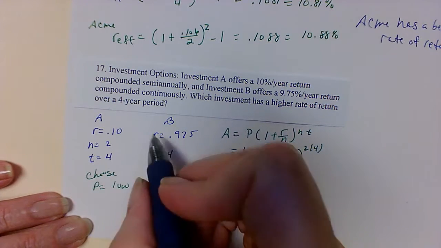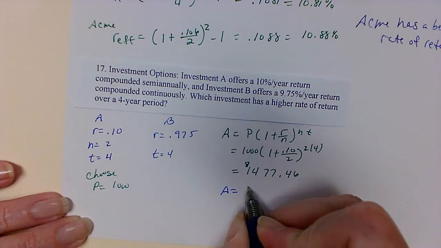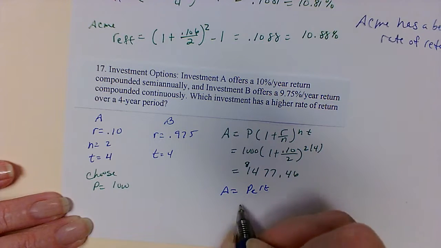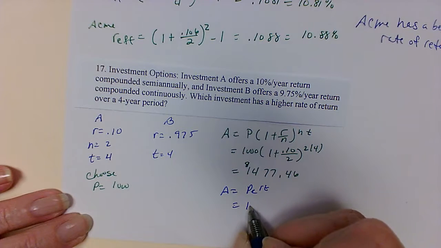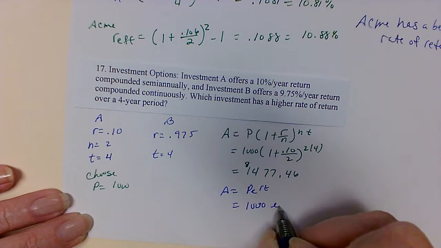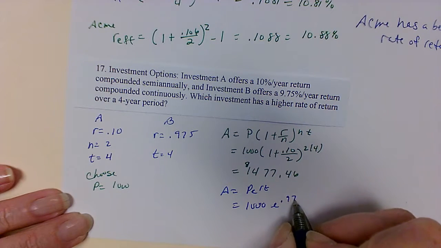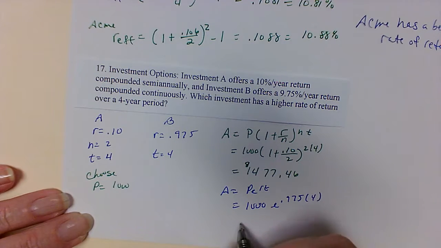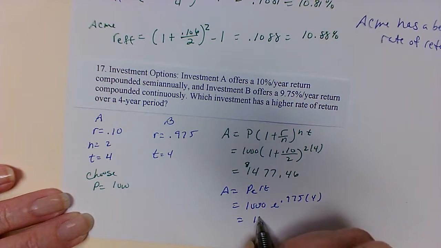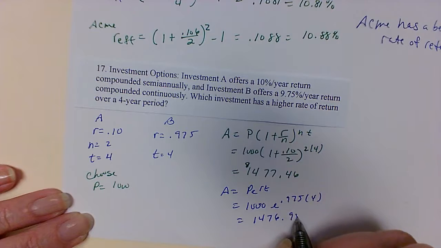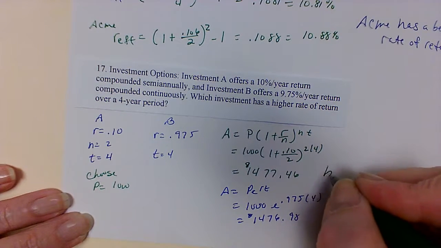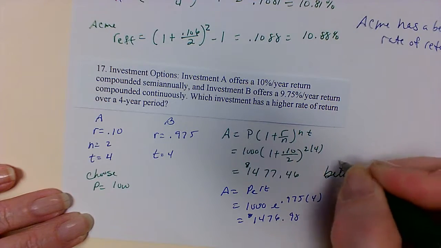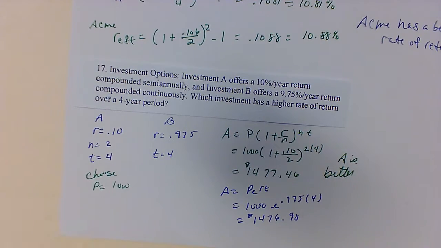For option B, we're looking at A is equal to P e to the RT. So when we plug those in, we are going to get 1,000 e to the 0.975 times 4. And when we plug that in, we will get 1,476.98. So option A is better. So A is better for that one.